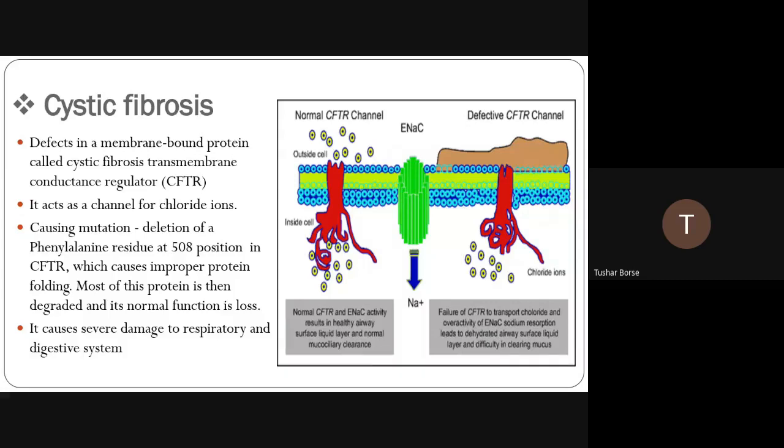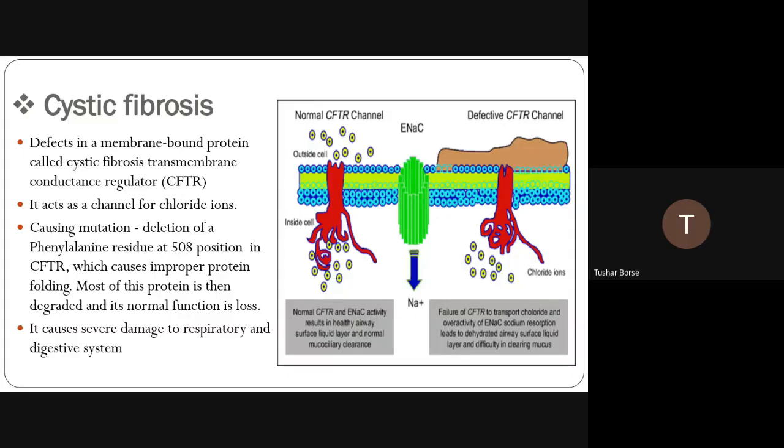But what kind of mutation can there be in this channel? There can be a deletion of a phenylalanine residue at position 508, and this causes improper protein folding. Most of this protein is then degraded, and its normal function is lost, and therefore chloride ions cannot pass through the membrane, and it causes severe damage to the respiratory and digestive system.